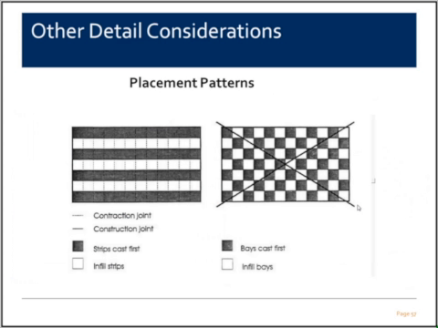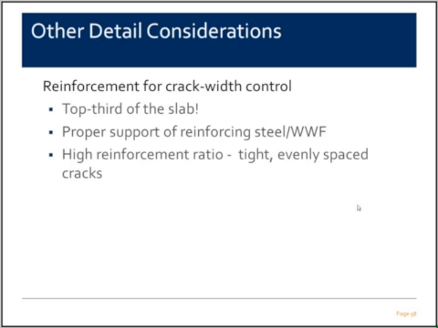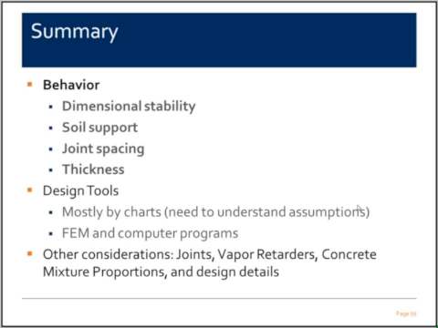I think we're running out of time, so I'm going to skip over these and go to our summary. Koray did a great job of covering the behavior of concrete slabs on ground, and we want to be aware of how concrete behaves dimensionally, not only for design considerations, but for our troubleshooting projects and our repairs as well.